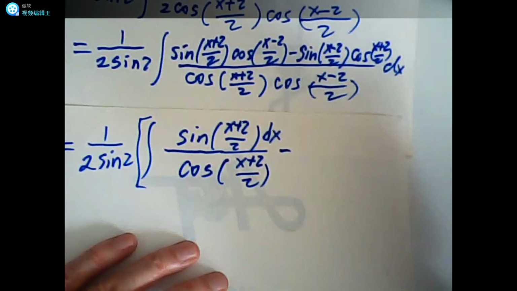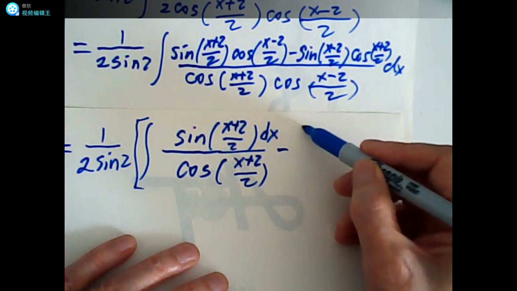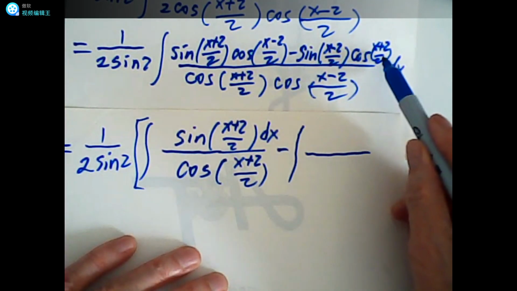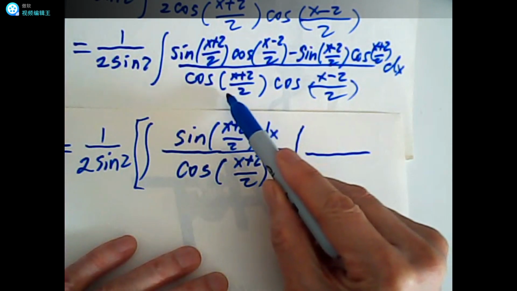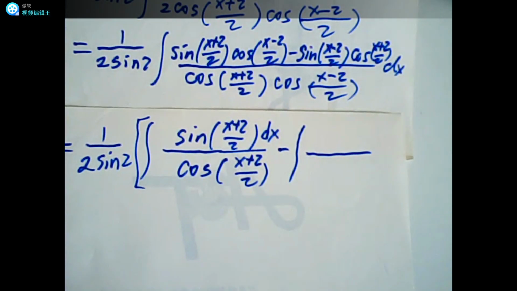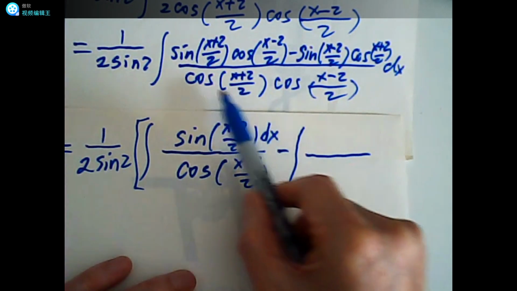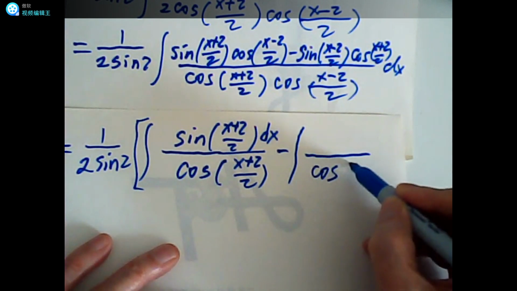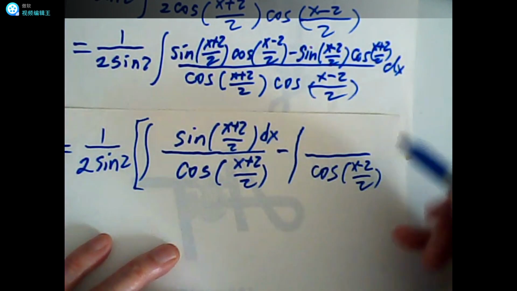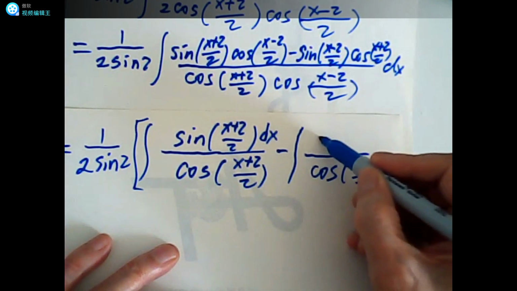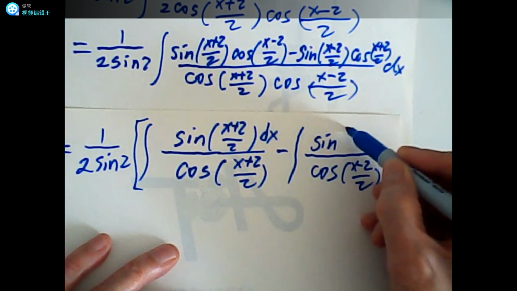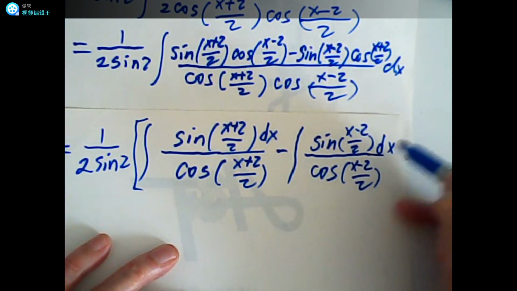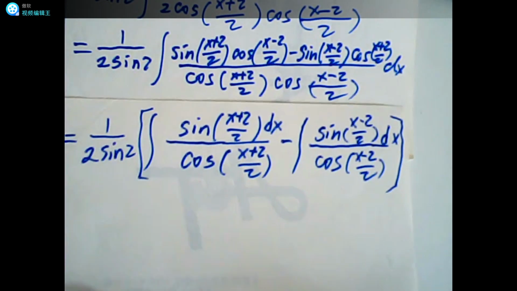Minus the second part, cosine (x plus 2)/2 cancels with cosine (x plus 2)/2, so left over is cosine (x minus 2)/2 in the denominator, and the numerator is sine (x minus 2)/2, dx.